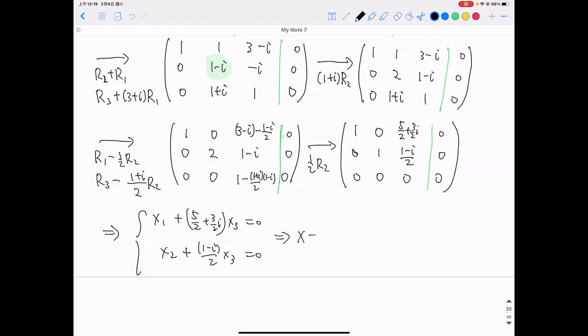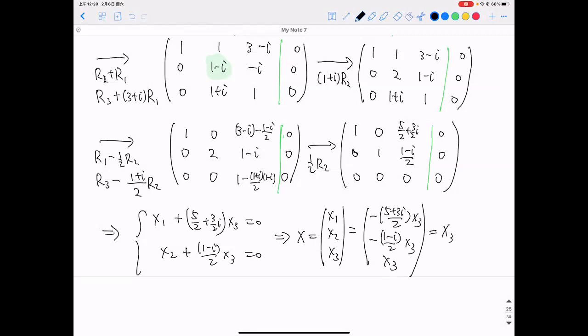So the vector x1, x2, x3 is equal to x3 times the vector with entries the negative of (5 plus 3i) on 2, the negative of (1 minus i) on 2, and 1. So that's x3 times this gadget.